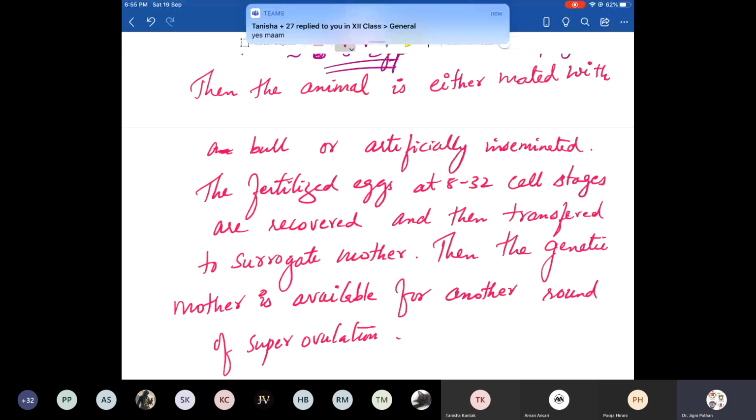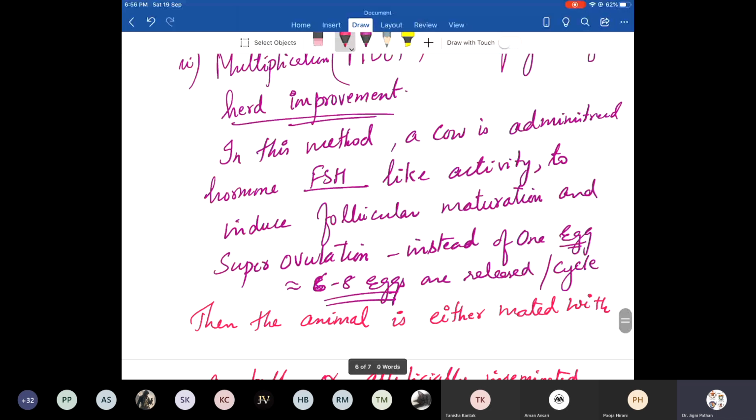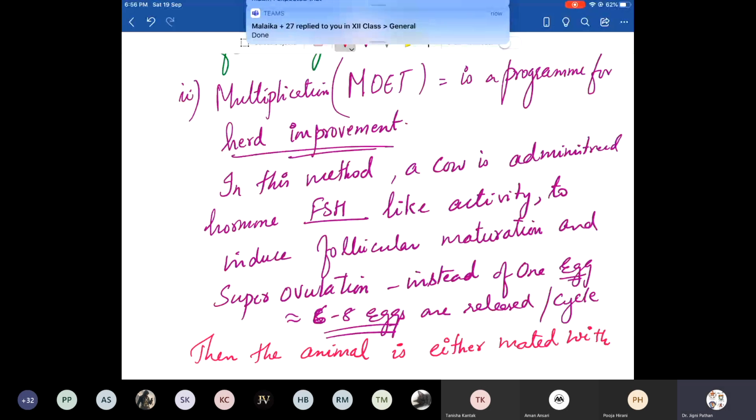Is it me who is writing, or are you all writing there? Remember, I might ask you for the notes anytime. Tanesh, remember, I might ask you for written notes anytime. Boys and girls, I'm telling you, I might ask you.